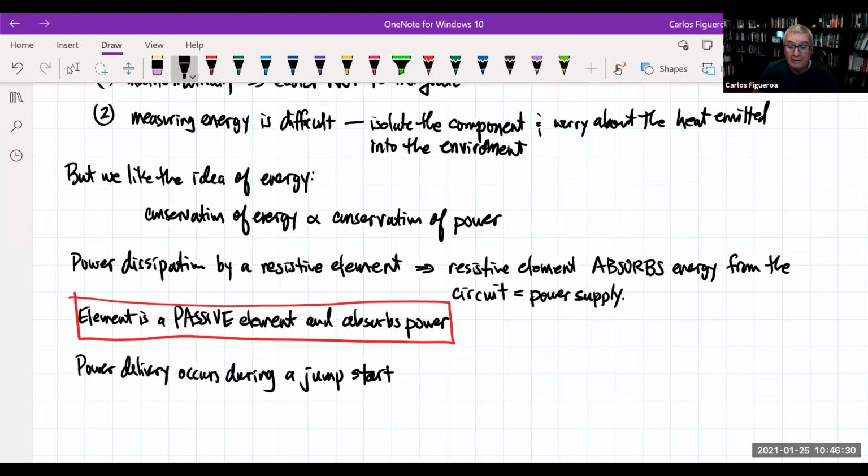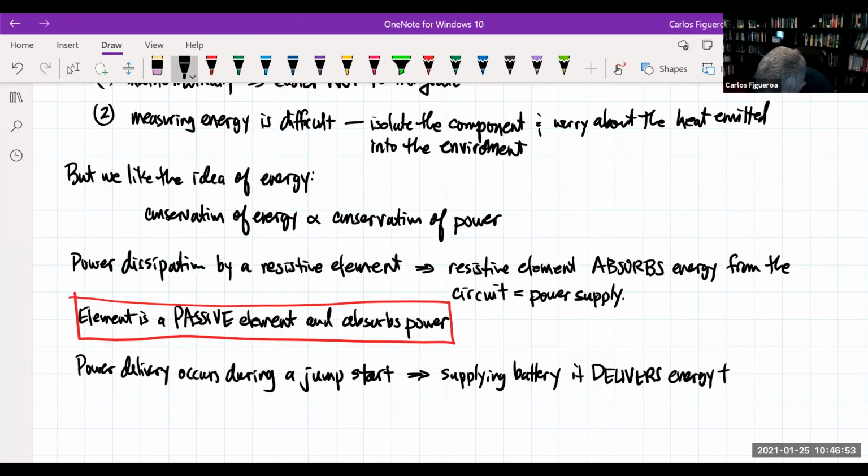What you find here is that the supplying battery delivers energy to the bad battery.